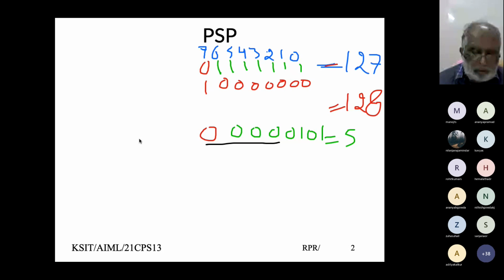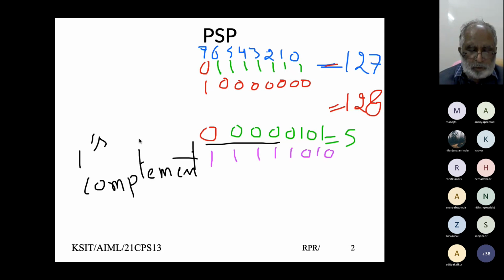This is what we call 1's complement. So when you do this, the sign bit has become 1, which means the number is negative.